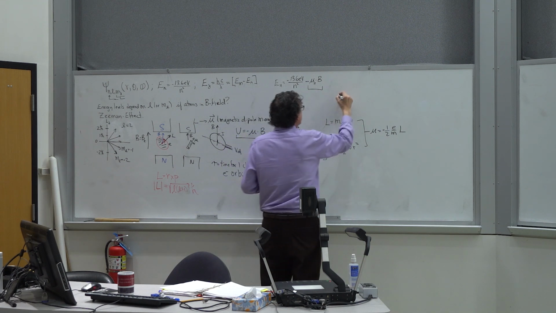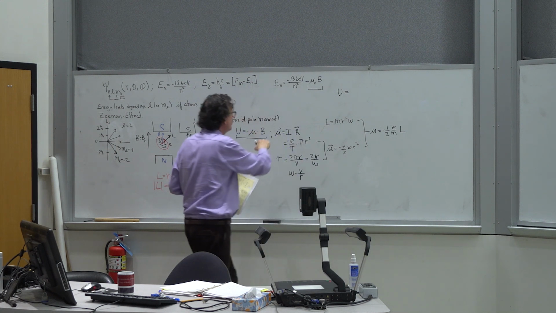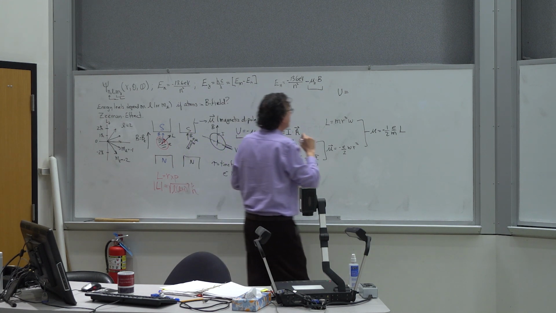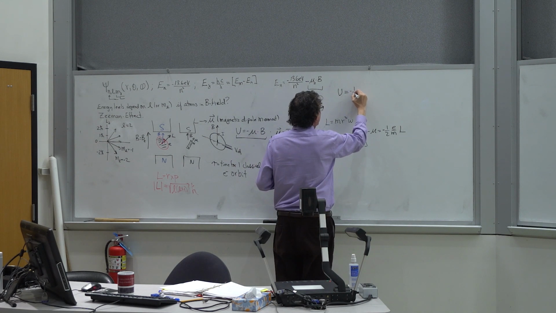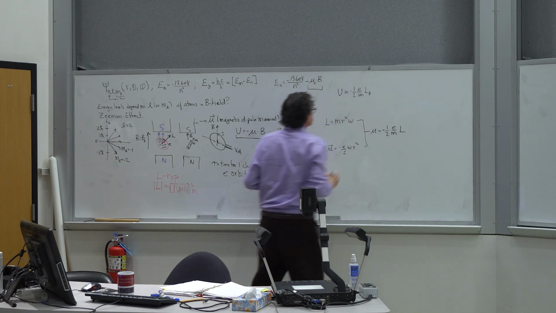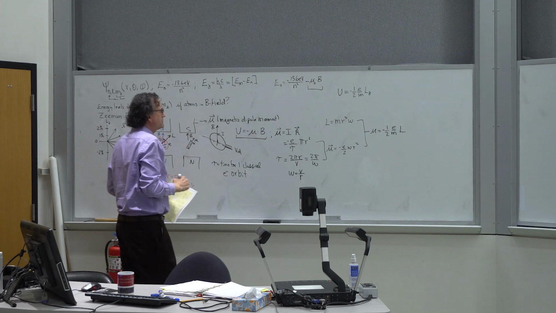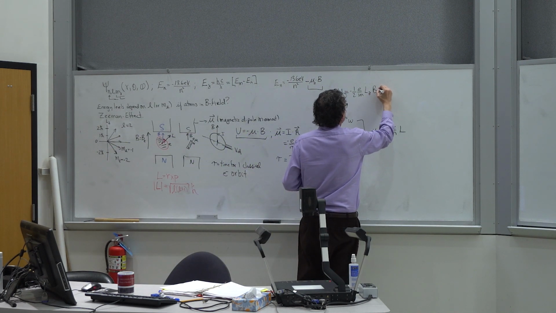So the interaction potential energy U is equal to minus mu dot B. So this is equal to minus 1/2 e over m times L sub z, that would be mu sub z, times the magnetic field B.